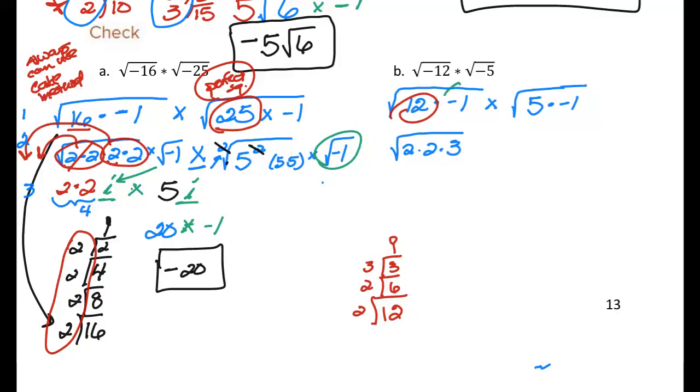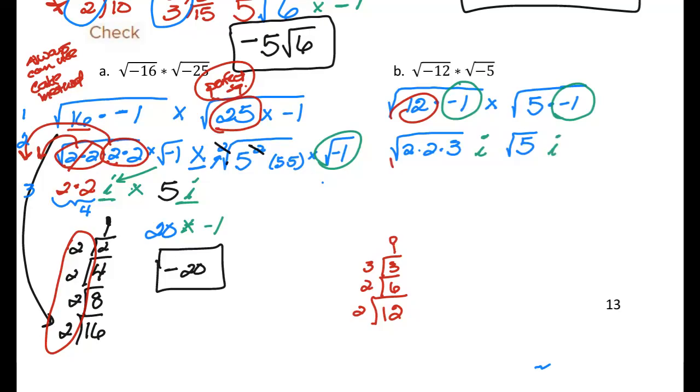This square root of negative 1, I know it's going to be an i. So I just kind of skipped putting it separately. And then the square root of 5, 5 is a prime number. So that's not going to break down into anything smaller. And this right here, that square root of negative 1, I know that's going to be an i.